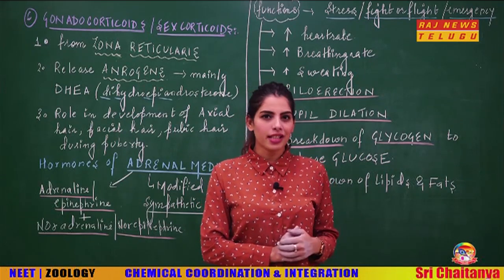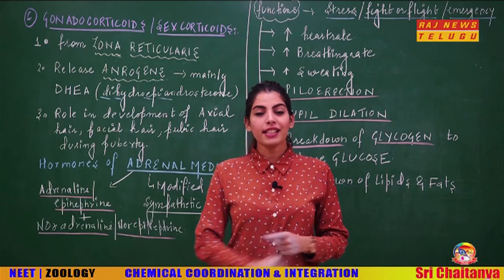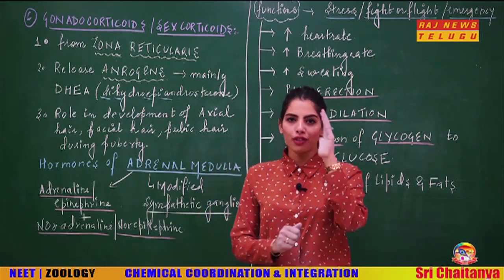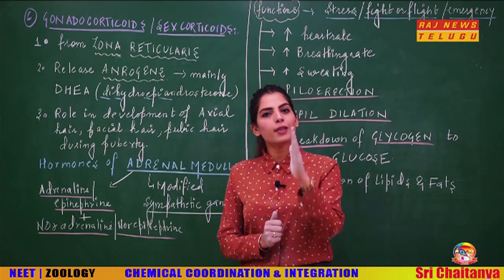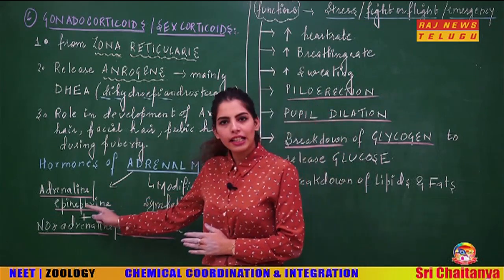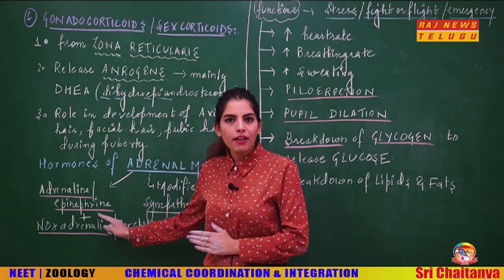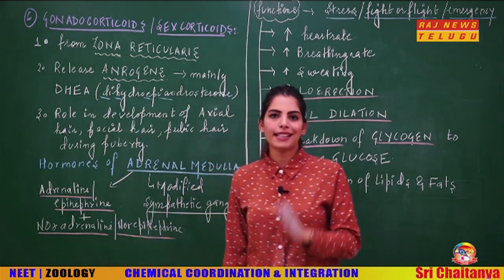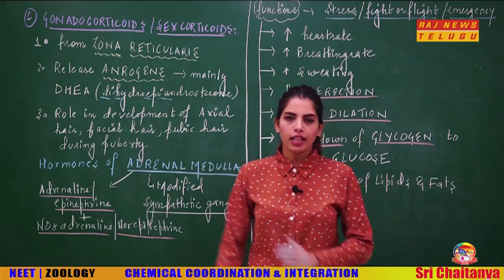That's a part of the nervous system. In the same way, since the medulla is a modified sympathetic ganglion, the hormones of your adrenal medulla are also adrenaline, also known as epinephrine, and noradrenaline, also known as norepinephrine.